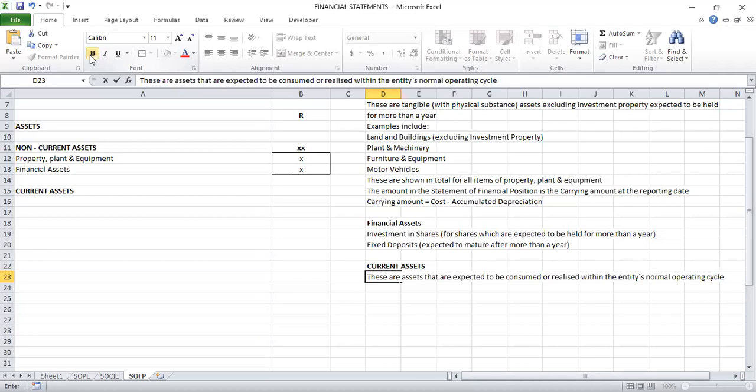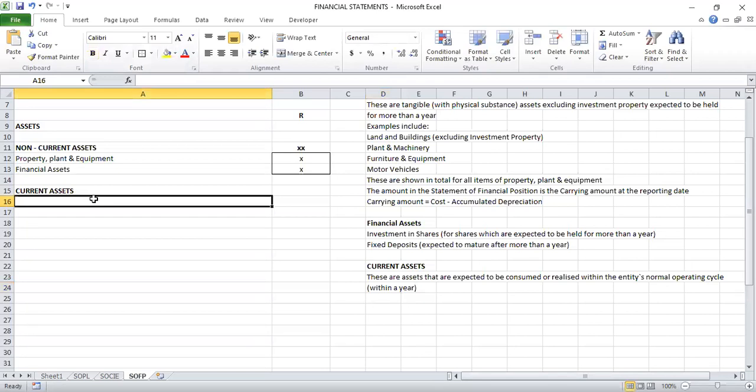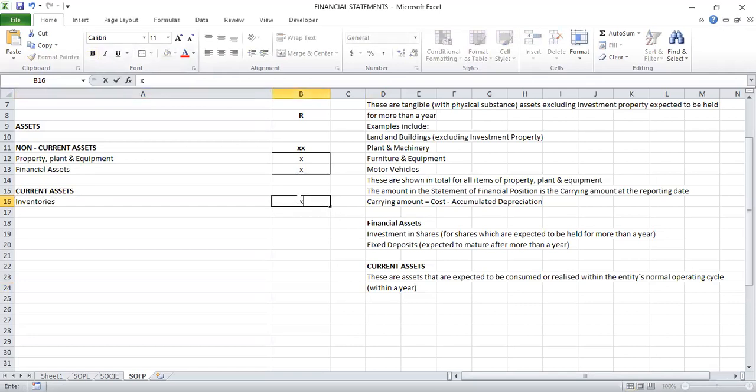And our demarcation is within what? Within a year. So we expect to use them within a year. These current assets, we expect to hold them for less than a year, right? They include inventories, right?